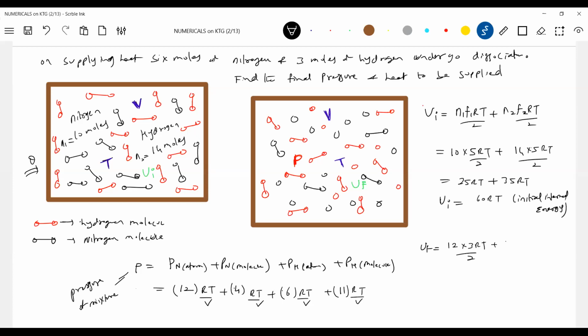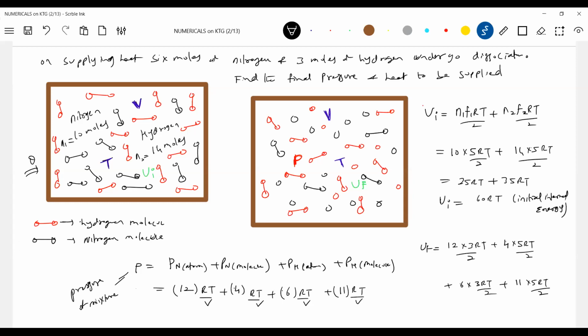Remaining how much will be there? 6 moles of nitrogen dissociate, so 4 will be left over, and diatomic gives 5RT by 2. So this is for nitrogen. For the hydrogen, six into 3R by 2. So remaining 11 into.